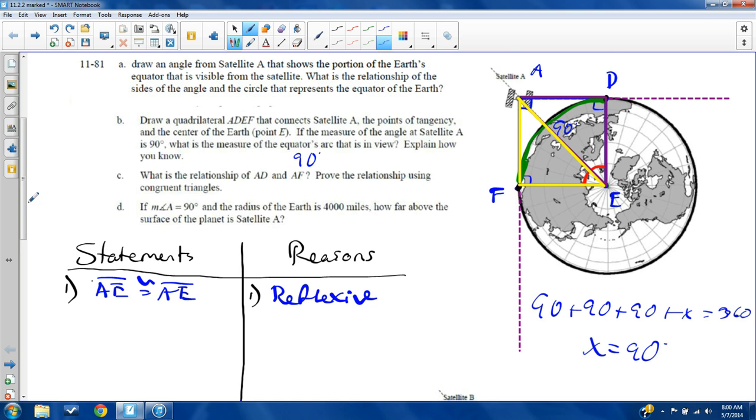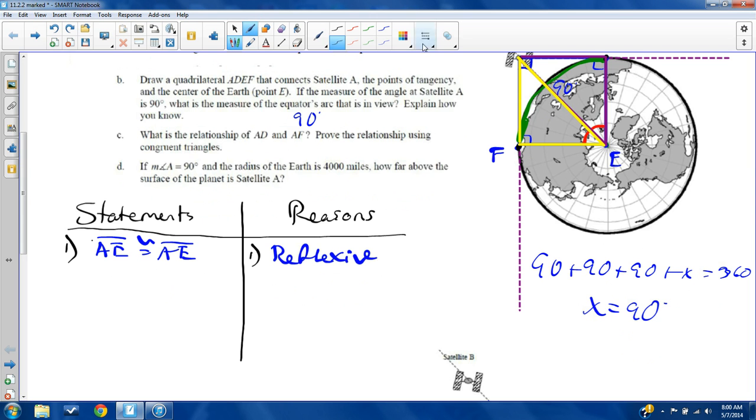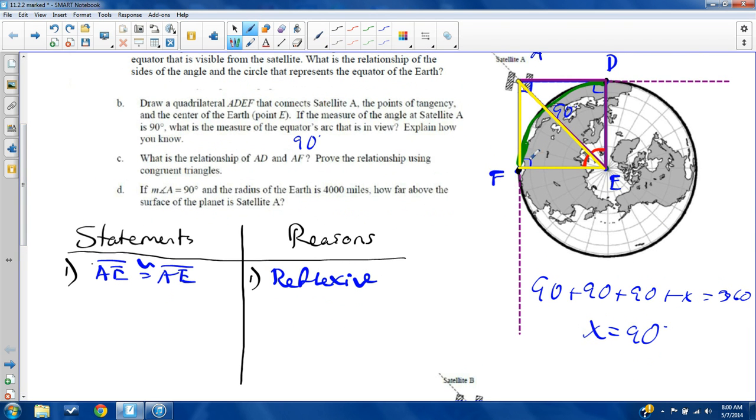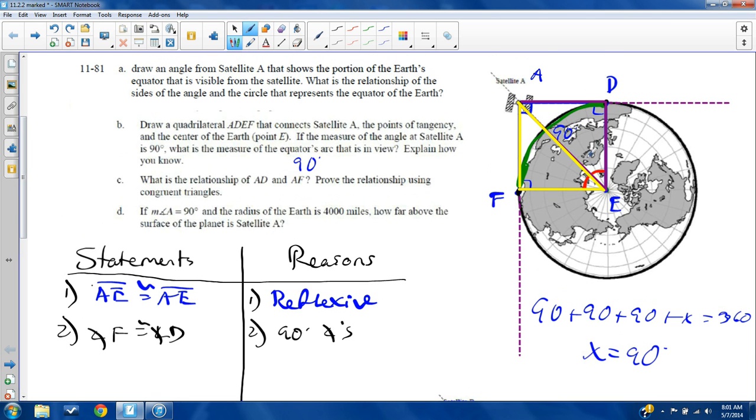Second thing, let's use black here. Second one, angle F is congruent to angle D because they're both 90-degree right angles. And finally here, we have two radii.